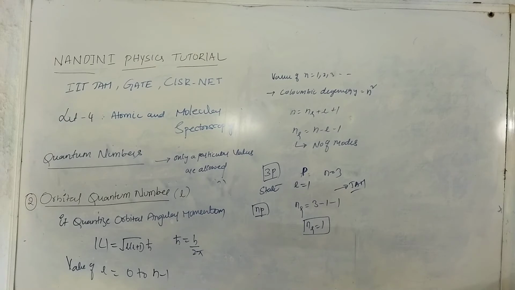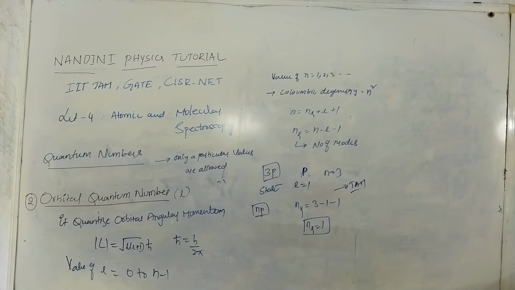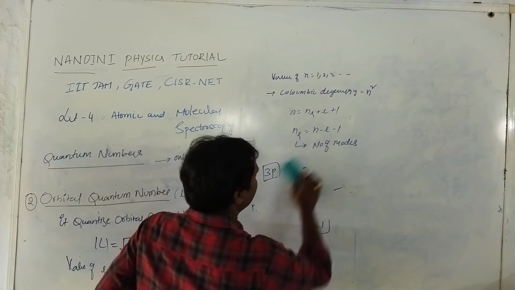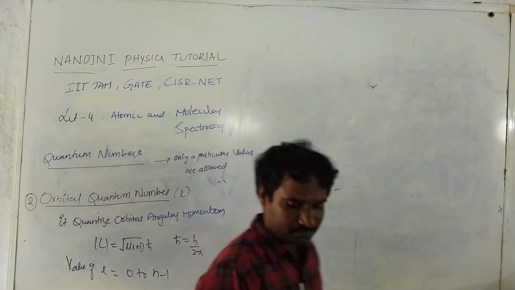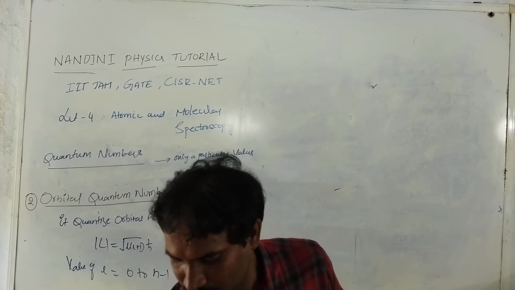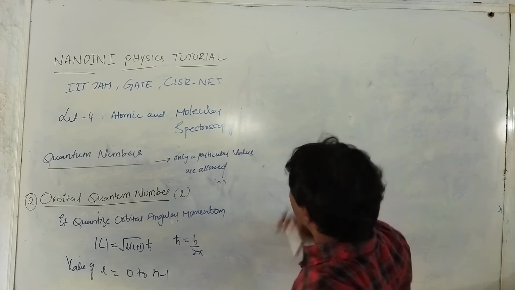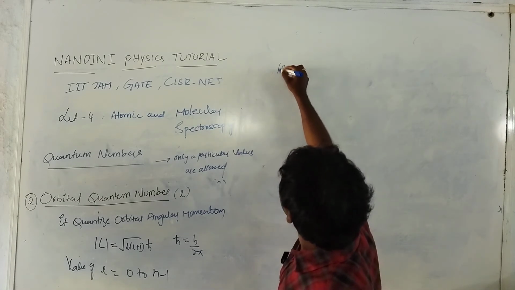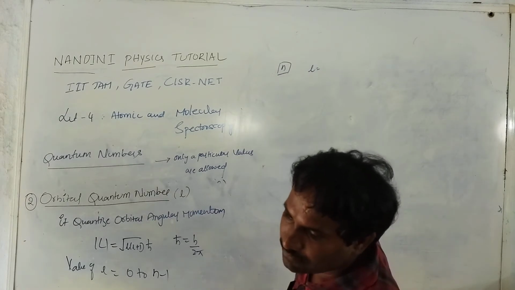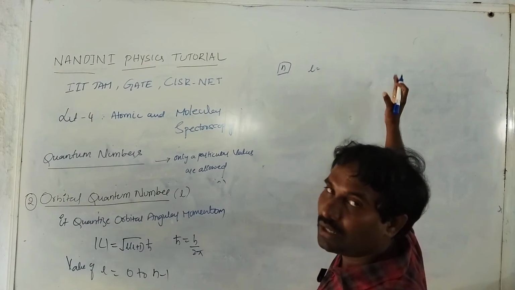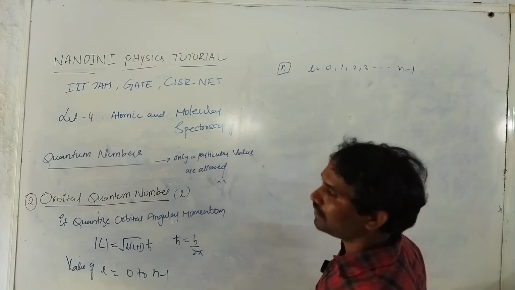For suppose if you consider the nth state, L starts from 0, 1, 2, 3, and so on up to n minus 1 value.